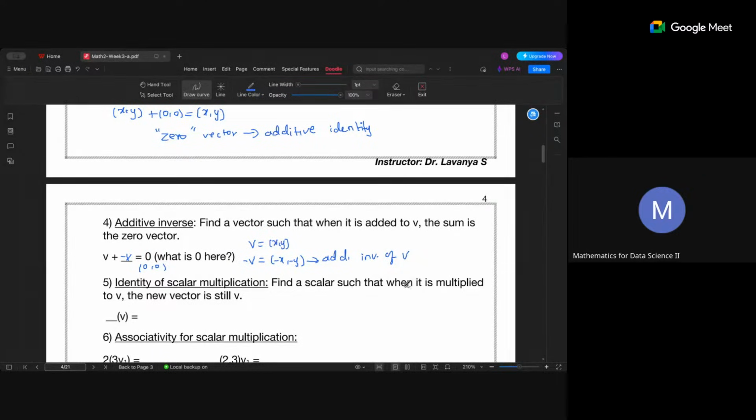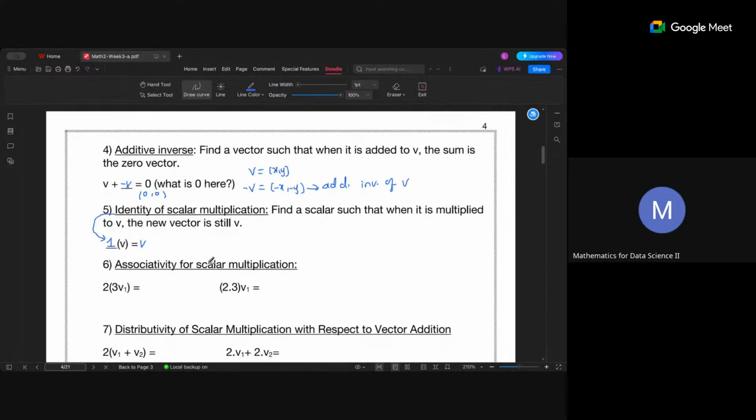Now we are looking at identity of scalar multiplication. Find a scalar such that when it is multiplied to V, the new vector is still V. 1. And 1 is called the identity of scalar multiplication. Similarly, associativity for scalar multiplication, you can move the brackets.